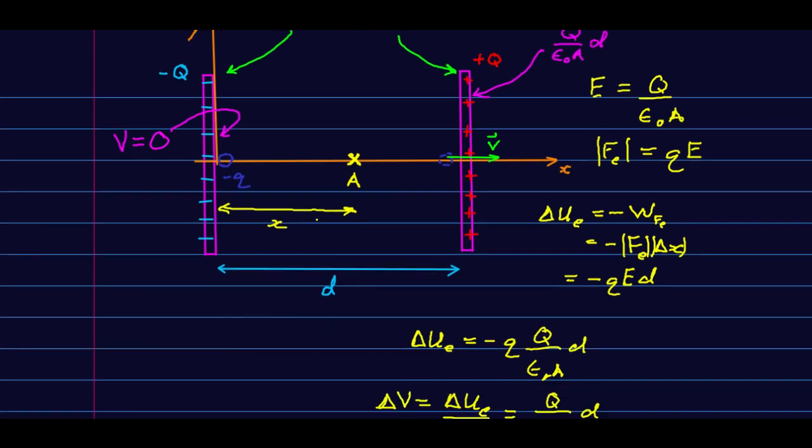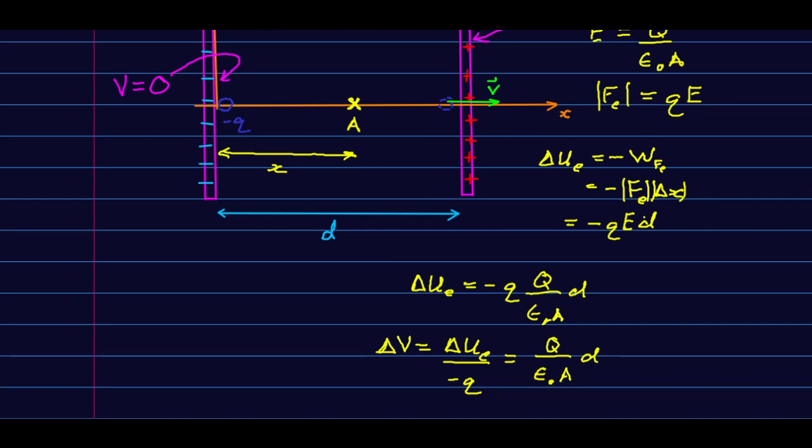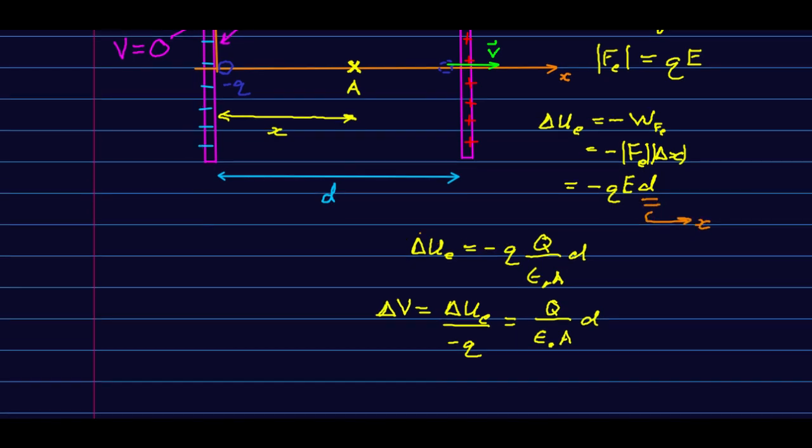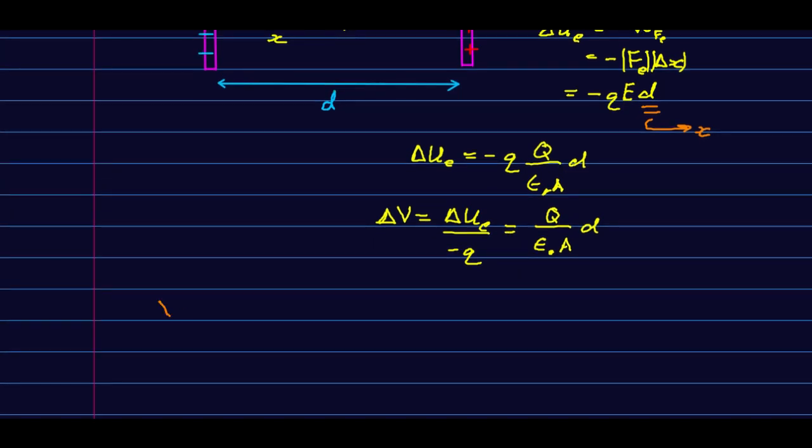So if you just follow the same reasoning, all you're doing is replacing this d with x, and this now gives you V, the potential, as a function of x, is just this expression exactly, but with the d replaced with x.